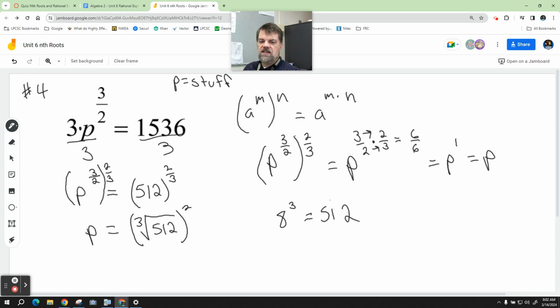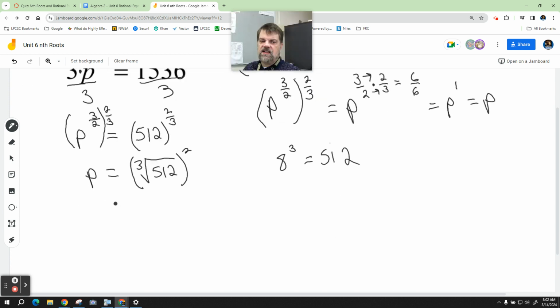So because this student arbitrarily chose not to write all this stuff down, they didn't understand how in the next line I was going to write the third root of 8 to the third power, squared, or 8 squared, equals 64. And that's the answer. Does that make sense?